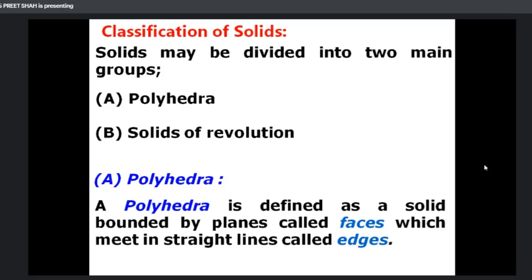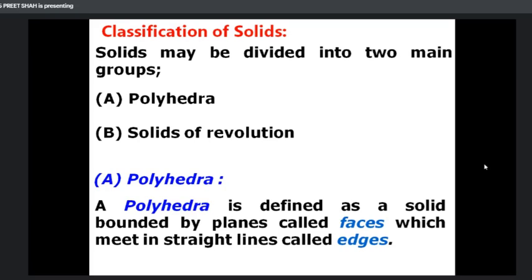So any solid bounded by faces or edges is called a polyhedron. Edges mean lines, and faces are rectangular faces, triangular faces and so on. Understand, all of you?